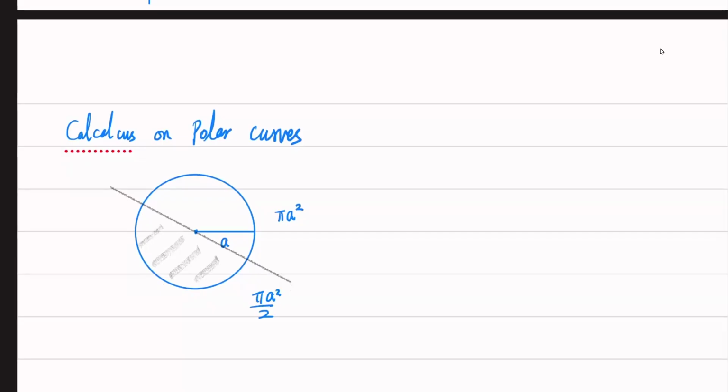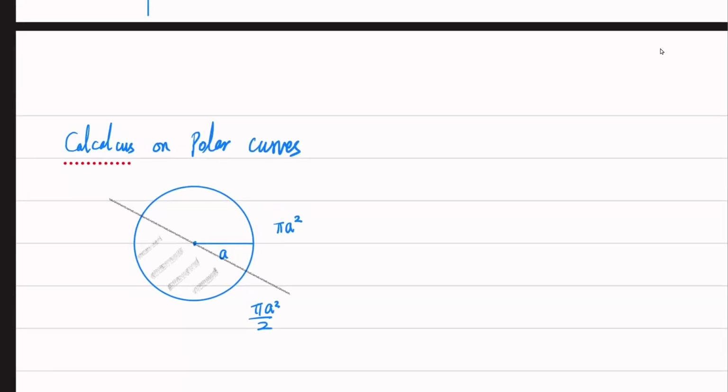Now I give an arbitrary angle theta, start here and end there. So what is this area? Times theta over 2 pi.